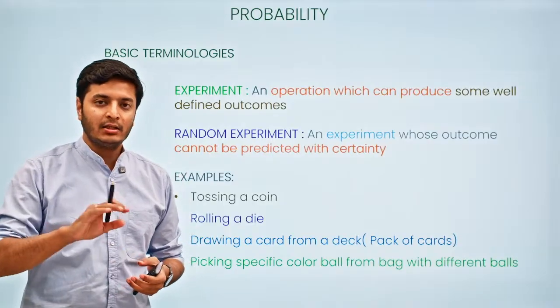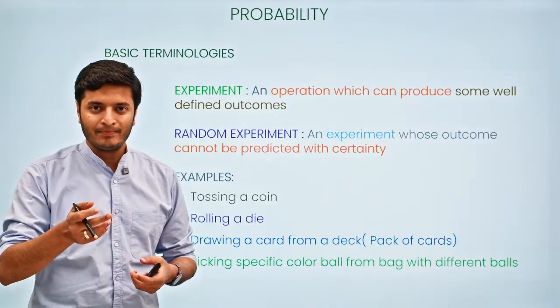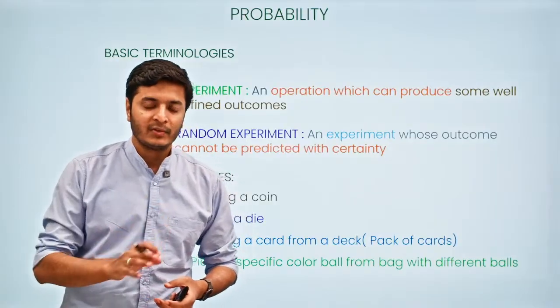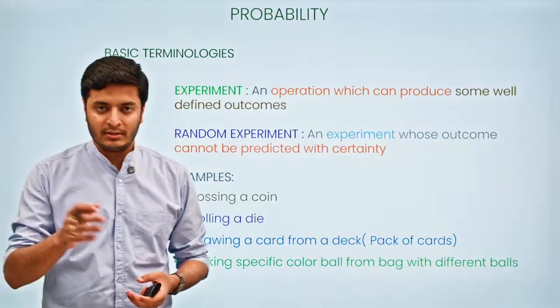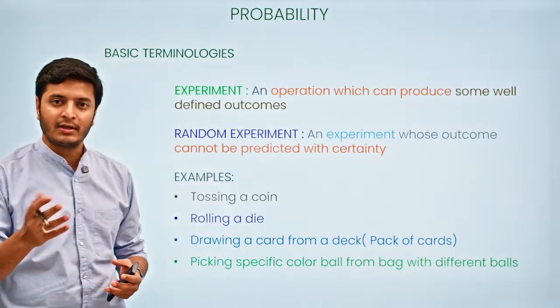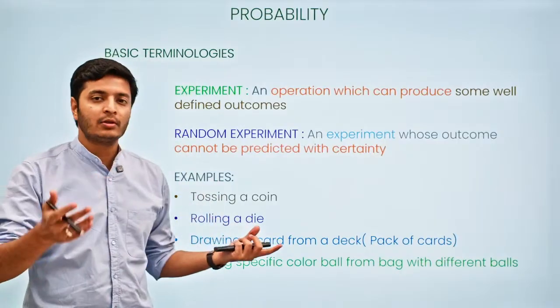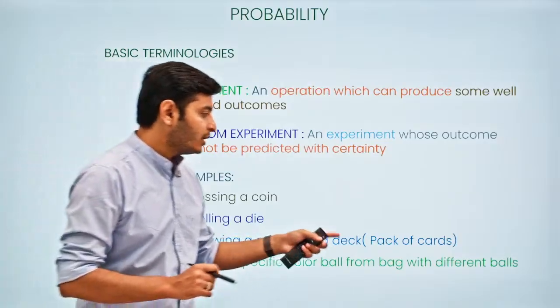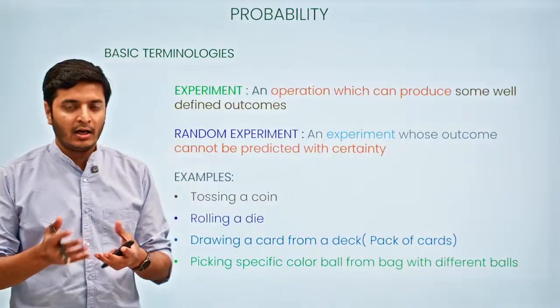Then rolling a die. If you have ever played any board game such as Ludo, Snakes and Ladders, then you must have rolled a die, correct? There we have 6 faces, each marked with numbers from 1 to 6, right? So we can find the probability of getting this number or that number. Then drawing a card from a deck. Have you ever played any card game?